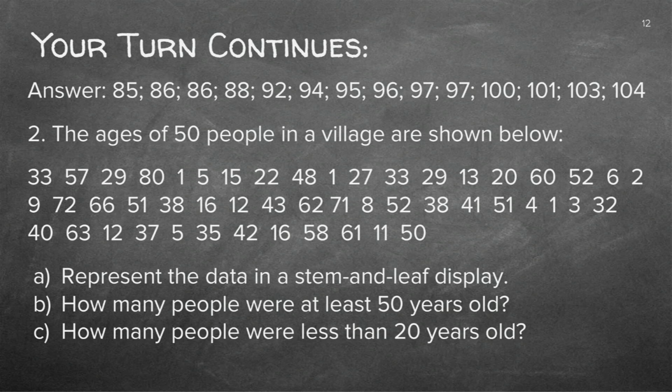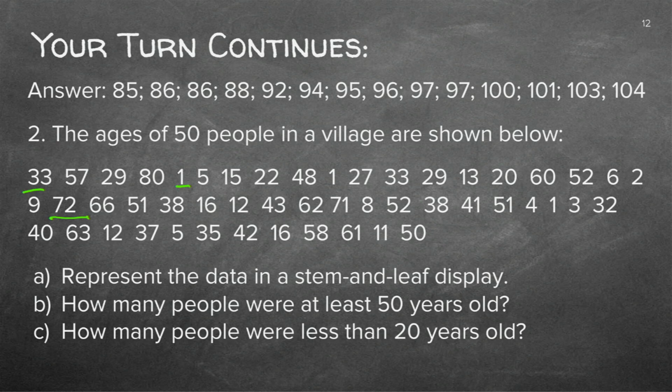Now this is another problem for you to solve. The ages of 50 people in a village are shown below. So now in this village we have people of 33 years old, of 1 year old, of, I'm trying to find a higher one, 72 years old.